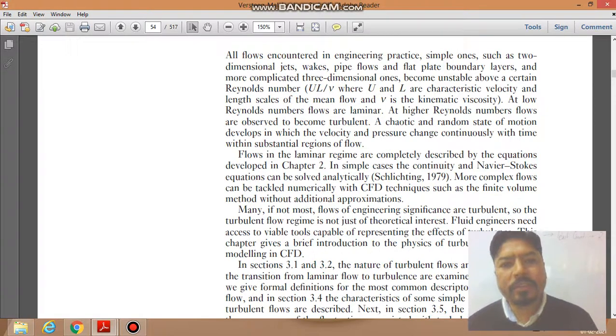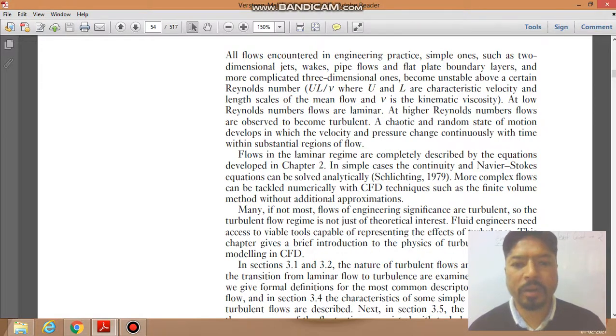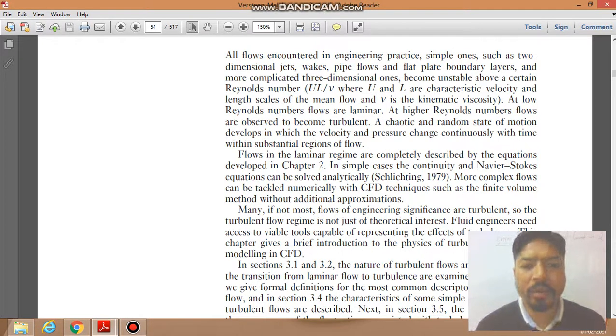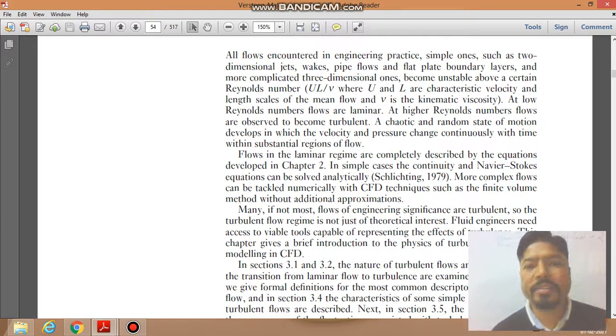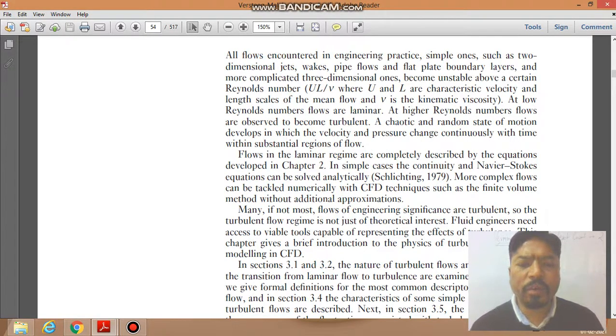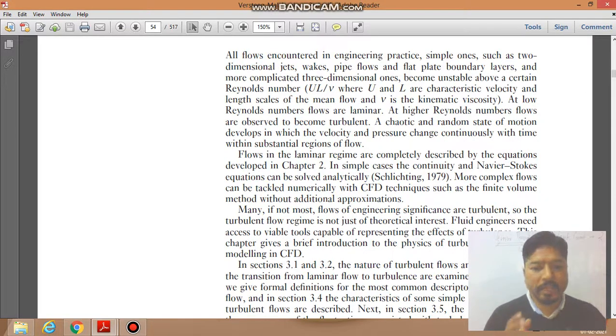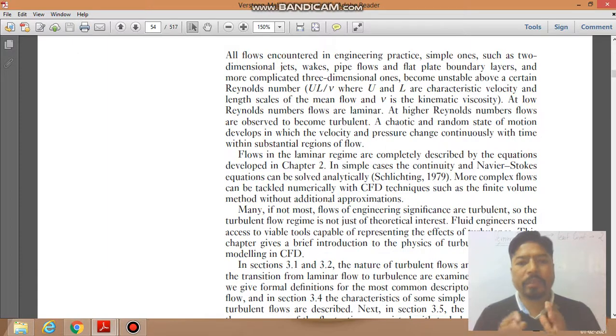My dear students, as we discussed in our last lecture about the modeling of wall, how the wall of any surface is going to affect the behavior of the fluid flow, which is a very important parameter in any fluid flow dynamics. The effect of the wall, or the region near the wall, and how to capture that wall to understand the behavior of the fluid which is flowing over that particular surface.